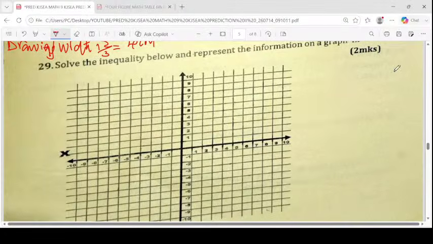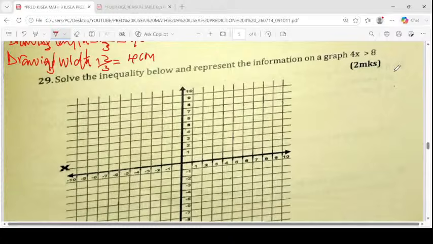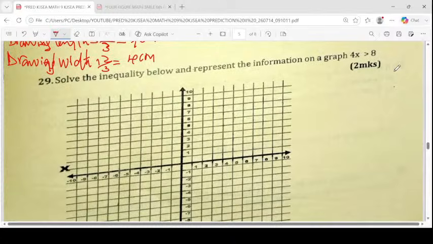I think it is sorted now. Solve the inequality below and represent the information on a graph. We have 4x is greater than 8. So when you have 4x being greater than 8, to get x you divide here by 4, you divide here by 4. So this means x is greater than 2.